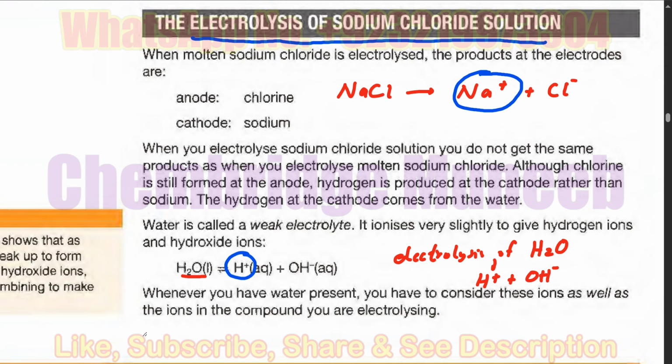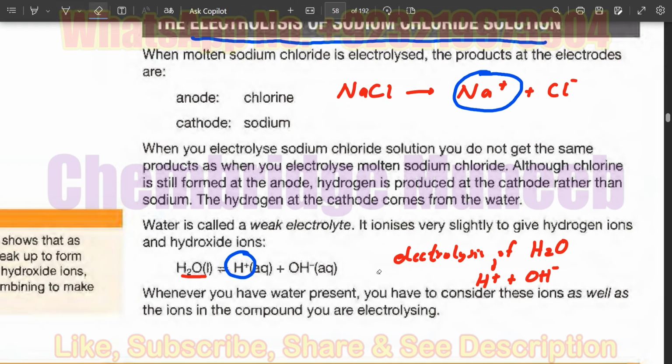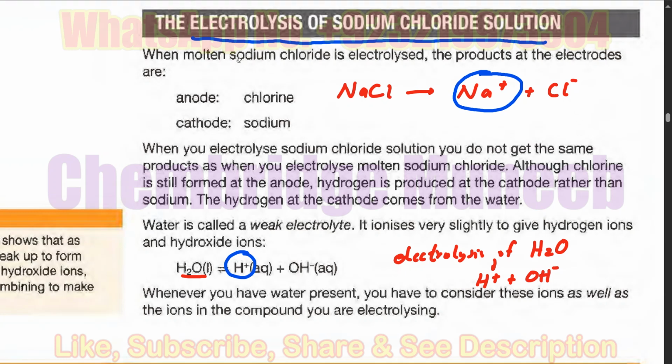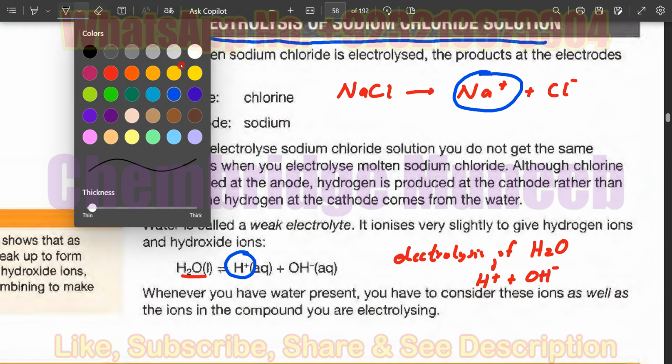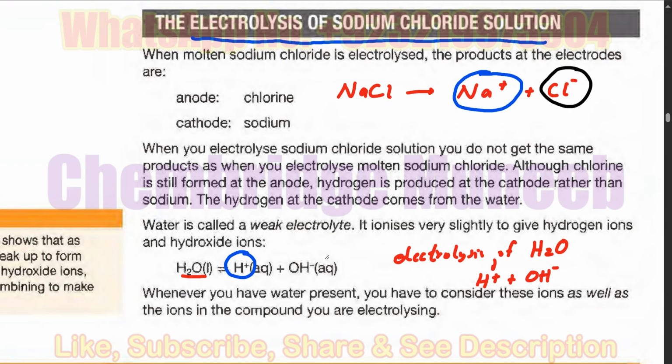These two are the positive ions in this case, and we also have two negative ions. We have the chloride ion and the other one is the hydroxide ion.